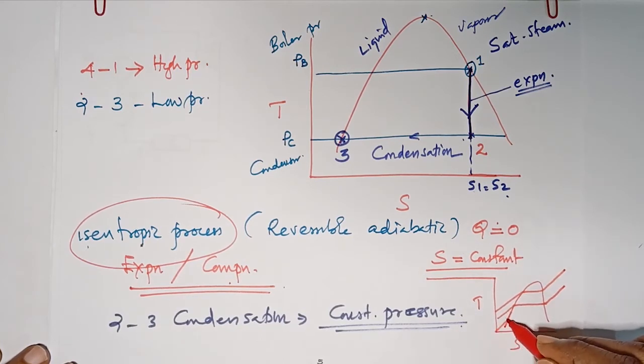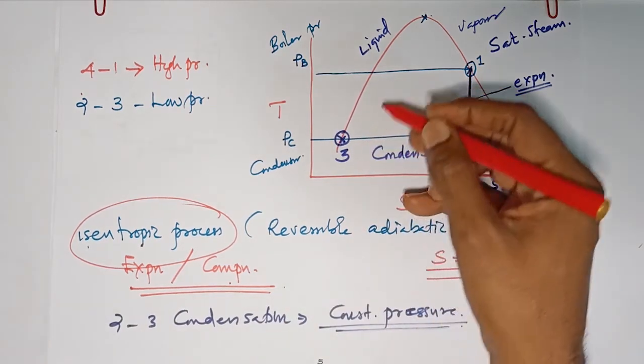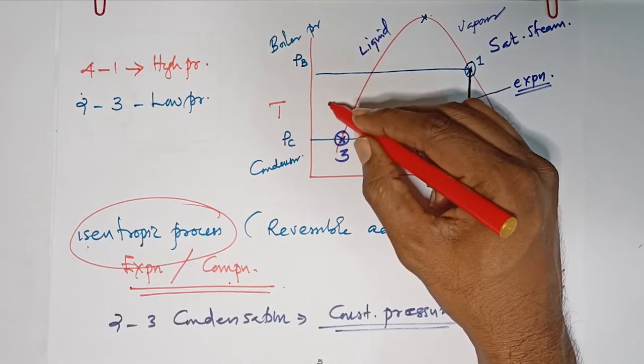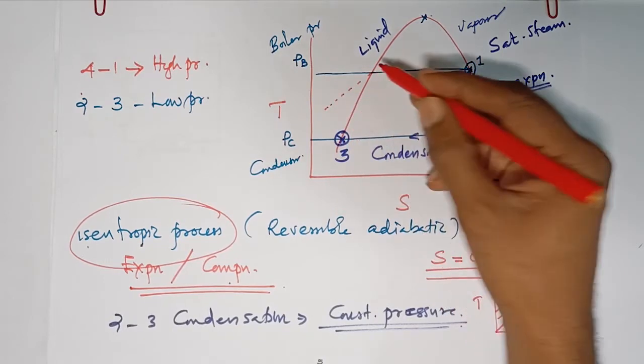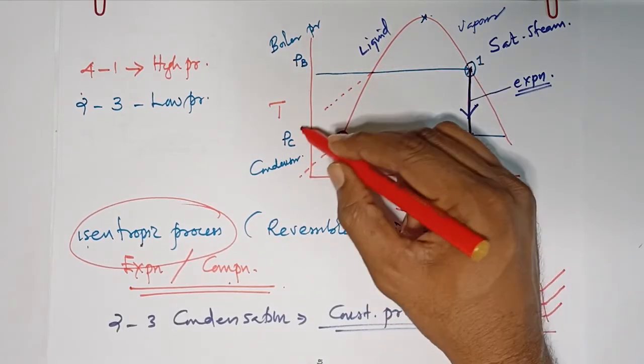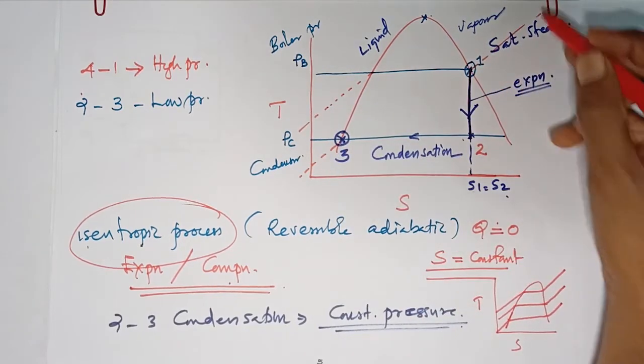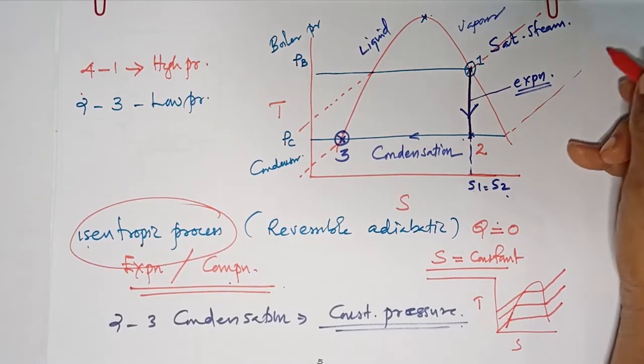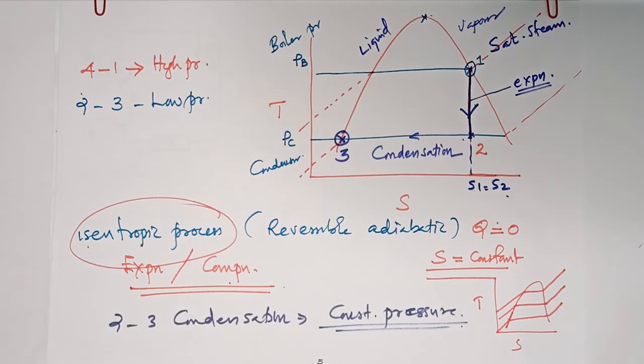Okay, so this is the constant pressure line. Suppose this is the constant pressure line, this is the constant pressure line. This will go like this, this will also go like this.